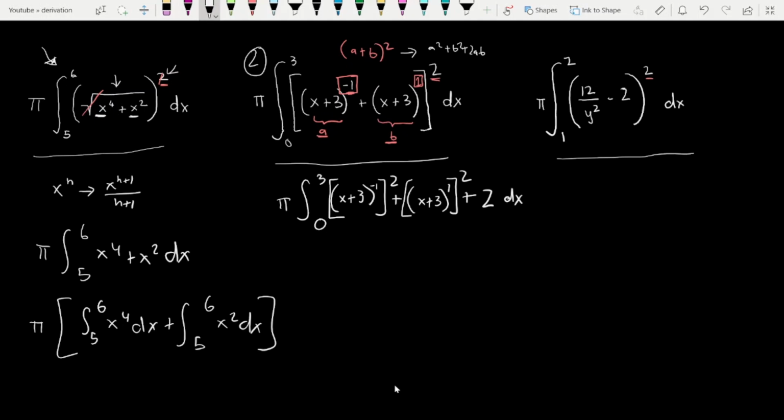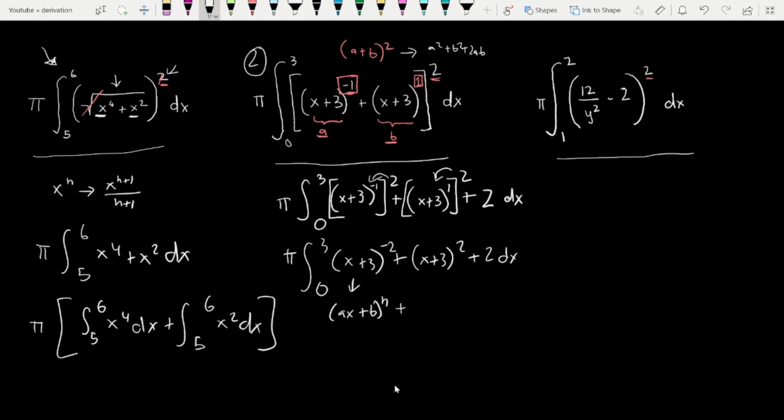So you can erase all of that, and you can basically just simplify this to this thing right over here, and then you can take the square of this thing, and you can take the square of this thing. And now what you can do is you can split this thing. You can see that this thing is basically in the form ax plus b to the power n, and n is not -1 anymore. And this thing is also in the form ax plus b raised to the power n, and this thing is going to be x raised to the power n.